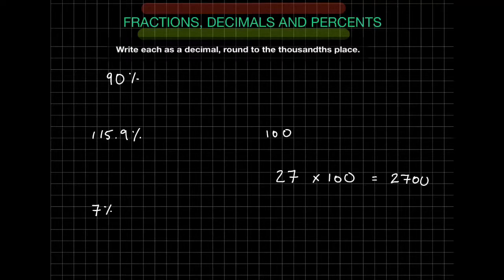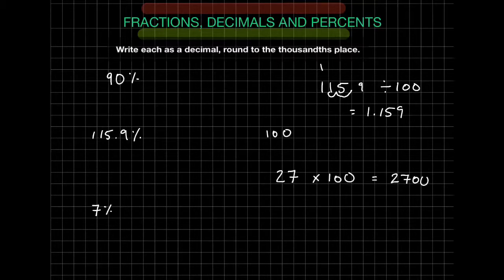If I have a number, let's say 115.9, and I want to divide that by 100, I'm basically just going to move this decimal 1, 2. So however many zeros are in the base number, that's how many times I'm going to move it to the left. So our answer is 1.159.